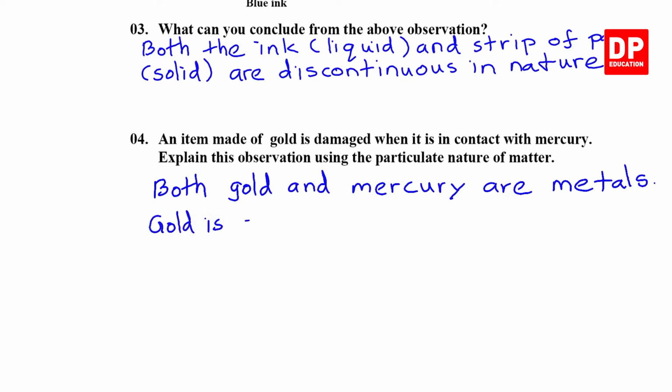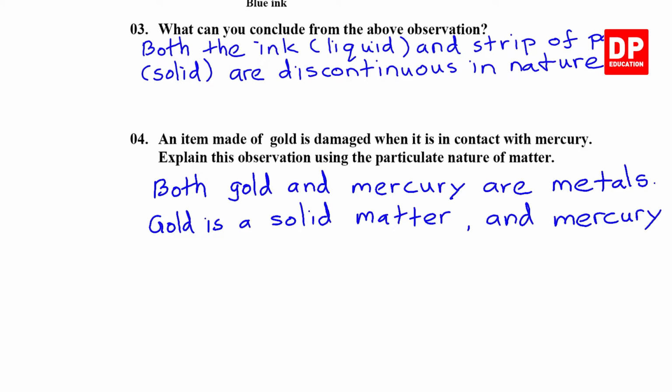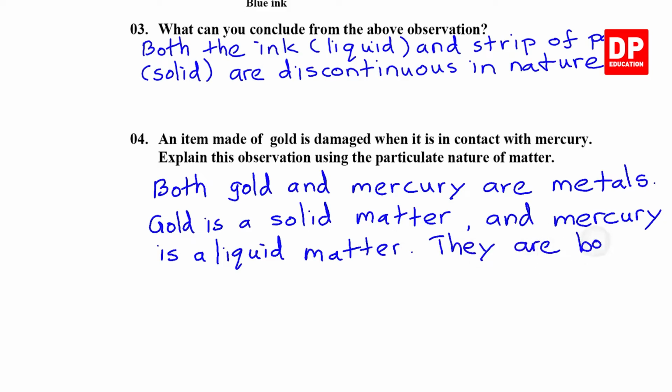Gold is a solid matter and mercury is a liquid matter. They are both discontinuous in nature.